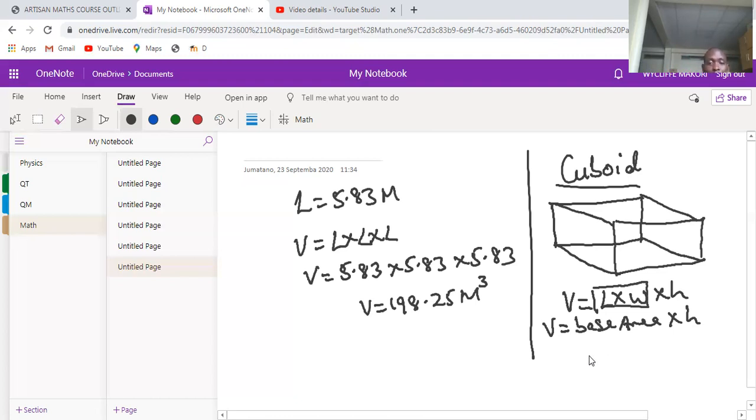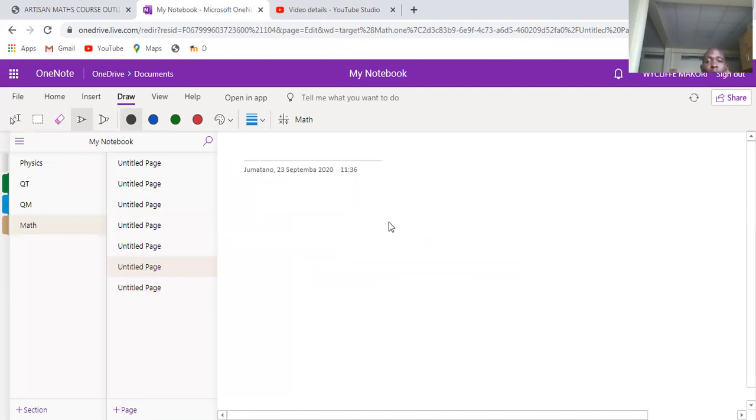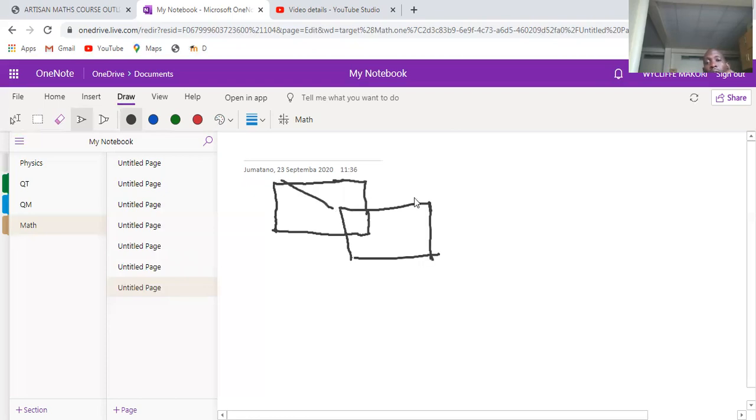So we can have an example here, whereby you are told, calculate the volume of this particular solid.